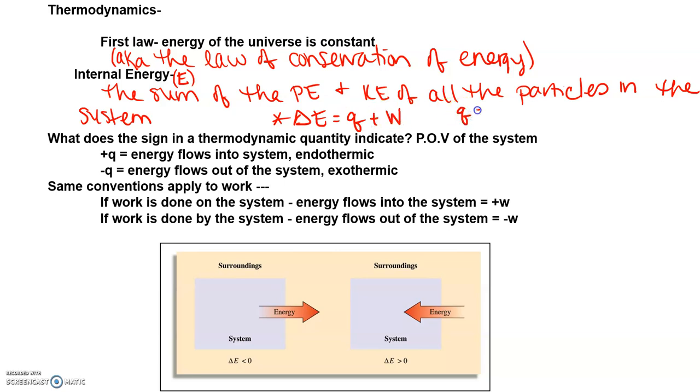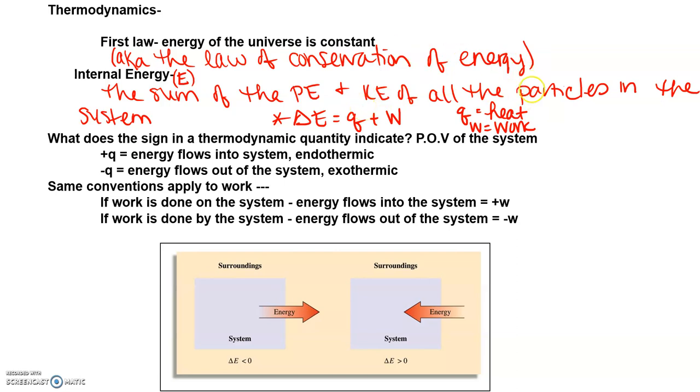Q stands for heat, and W stands for work. Now, you may be thinking to yourself, well, she just said it was the sum of the kinetic and the potential energy, but now the equation brings in Q and W. Well, as you will see shortly, Q, heat, is related to the change in temperature, which we talked about in the last video, and temperature is the measurement of how fast or slow molecules are moving, which is directly proportional to kinetic energy.